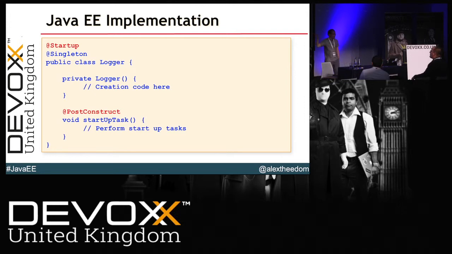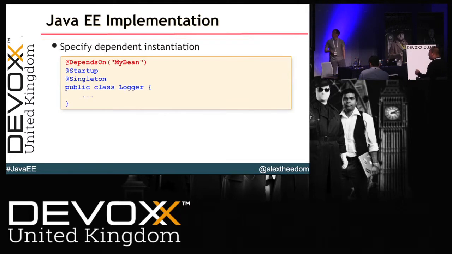This method contains code that will be executed as soon as it's instantiated. We annotate this method that contains this startup code, this startup tasks, at post-construct. So what happens here? Our logger instance is created at startup before the container satisfies any client requests, and the startup method, in this case startup task, is executed at that point.